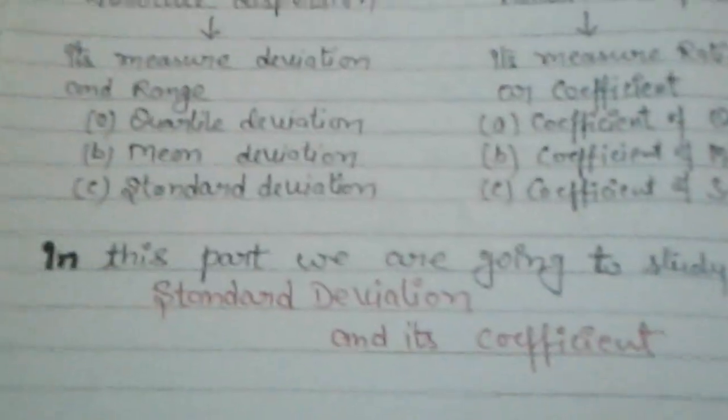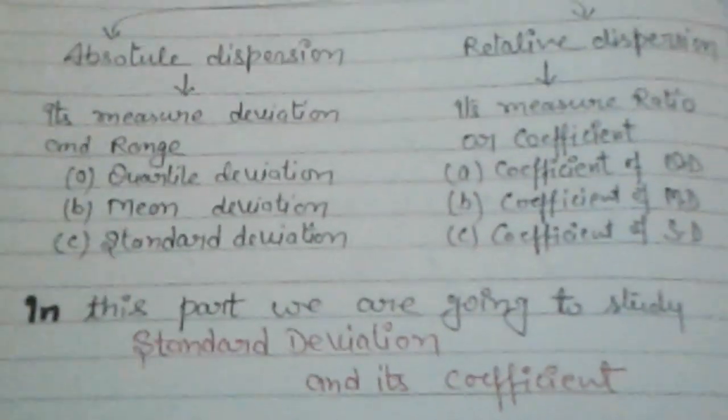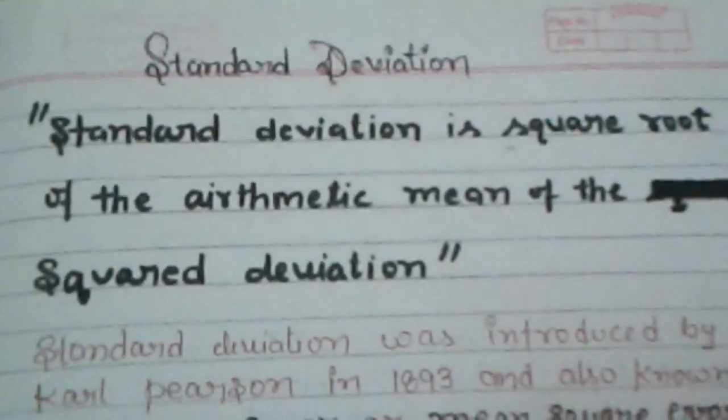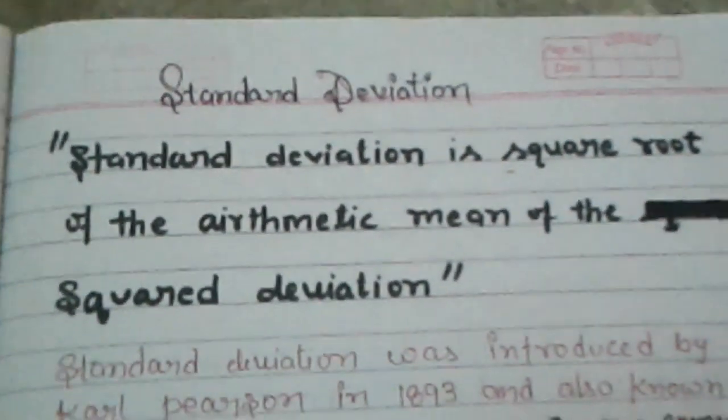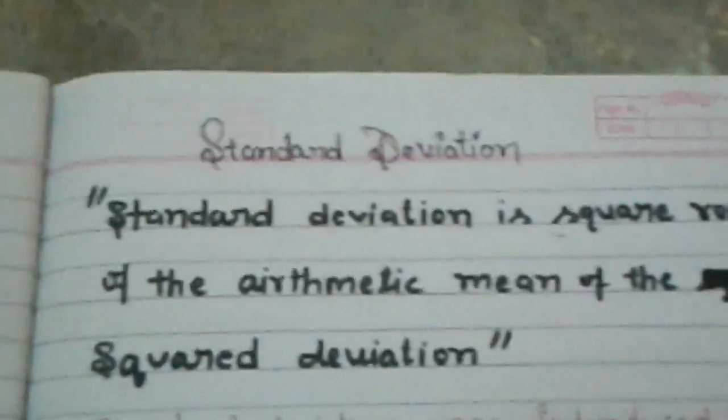Friends, in this part we are going to study standard deviation and its coefficient. Friends, standard deviation is the square root of the arithmetic mean of the squared deviations.